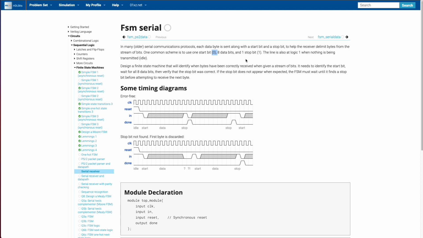The stop bit doesn't appear when expected. The FSM must wait until it finds a stop bit before attempting to receive the next byte.